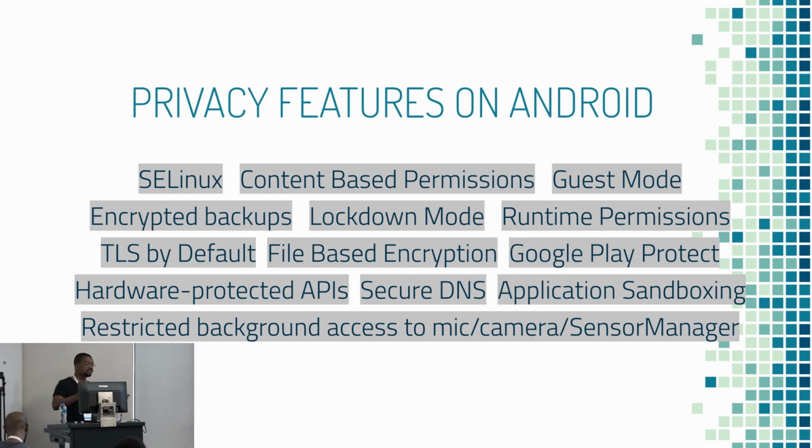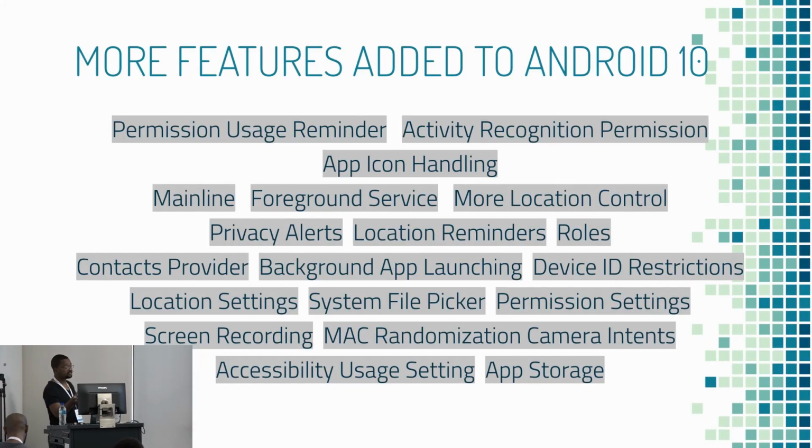Like I said, they've now made improvements, and with Android 10, this is what they've introduced. There's now a permission usage reminder. It will occasionally tell you that there's an app that you granted permission, and ask if you still want it to have this permission.